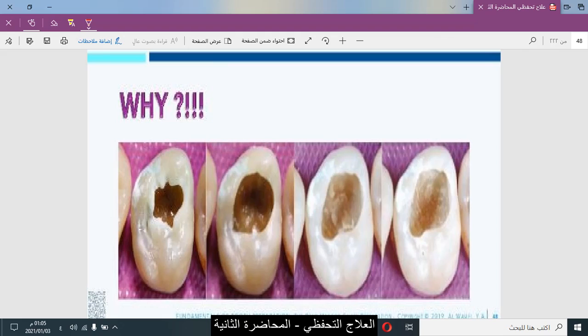We either cap the cusp only, if it is one cusp, with 2 millimeters of restoration over it, reducing it by 2 millimeters to make the vertical dimension equal to the horizontal dimension of the cusp. Or if more than one cusp is involved, we have to do the preparation on the buccal side if the buccal is involved, or the lingual if the lingual is involved.